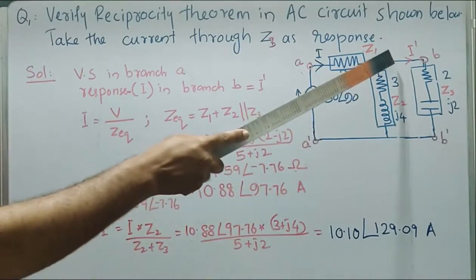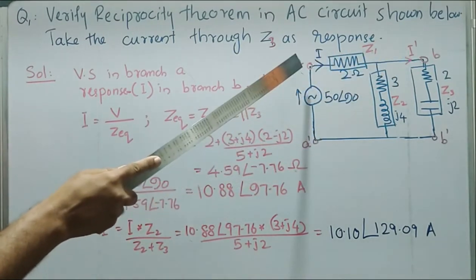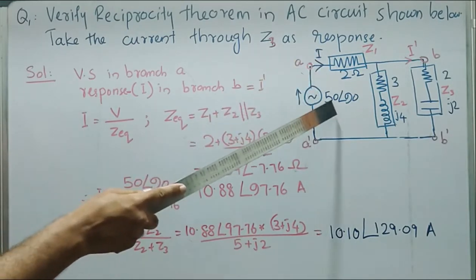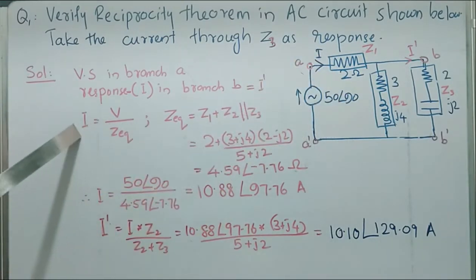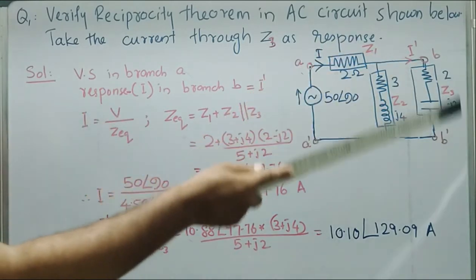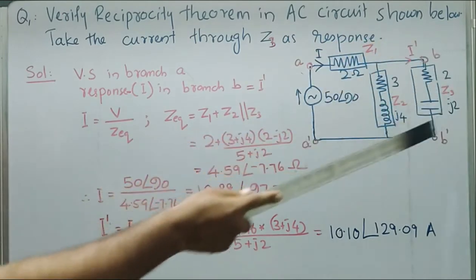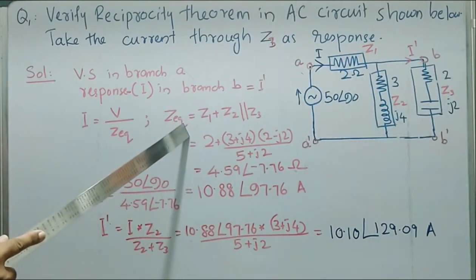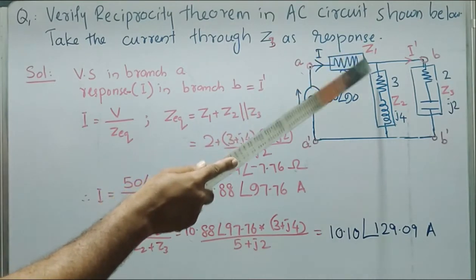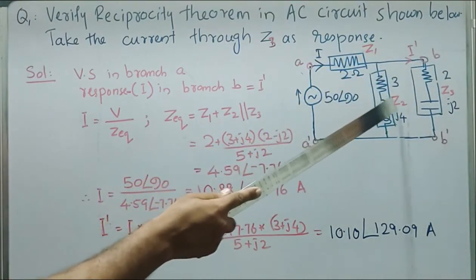In order to find out I dash, first of all, we need to find out the main current which is supplied by the source 50 angle 90 volt. So as we know, I is equal to voltage divided by net impedance. The equivalent impedance of the circuit, Z equivalent, is equal to Z1, which is in series with this parallel combination Z2 and Z3.